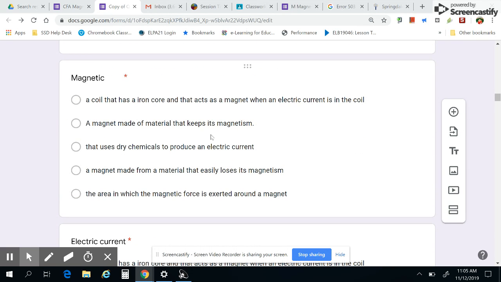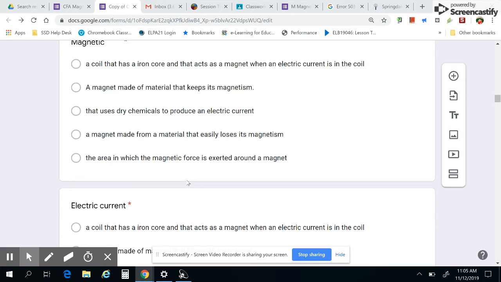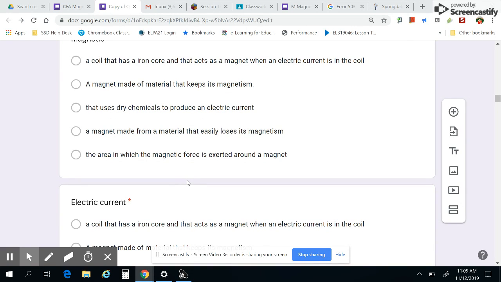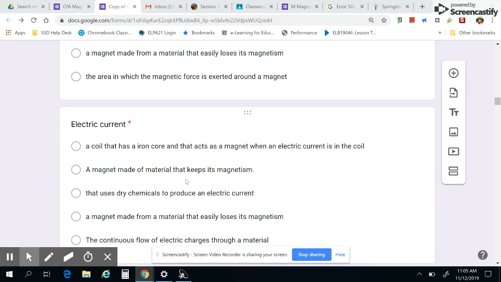Magnetic field. A coil that has an iron core and acts as a magnet when an electric current is in the coil. A magnet made of material that keeps its magnetism. That uses dry cell chemicals to produce an electric current. A magnet from material that easily loses its magnetism. The area in which the magnetic force is exerted around a magnet.